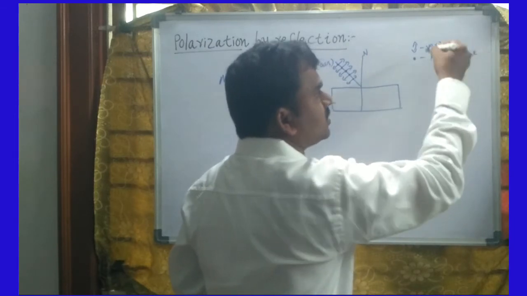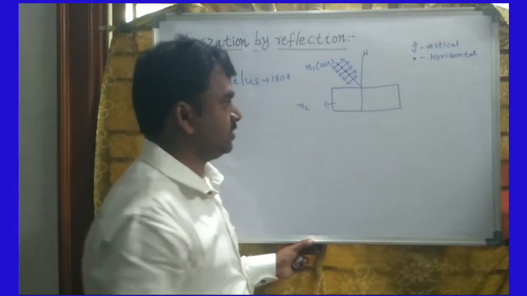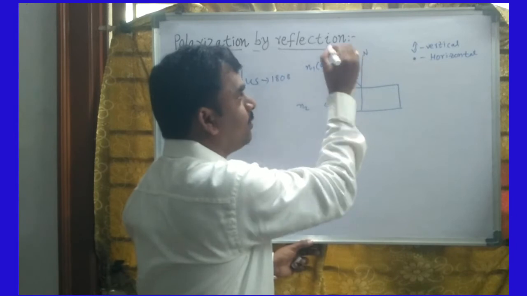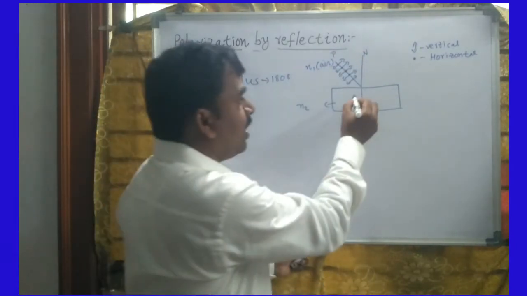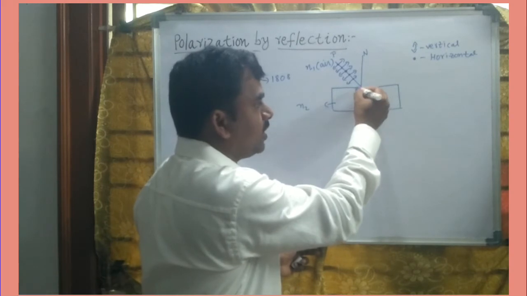What horizontal and vertical vibrations are, we discussed in our previous class. This point I am naming P, and where it meets the interface, that point I am taking as O.